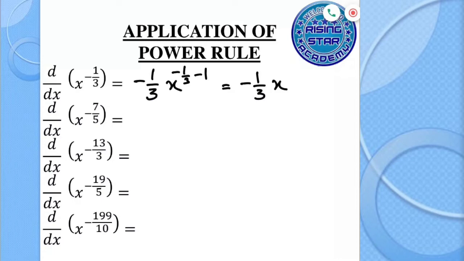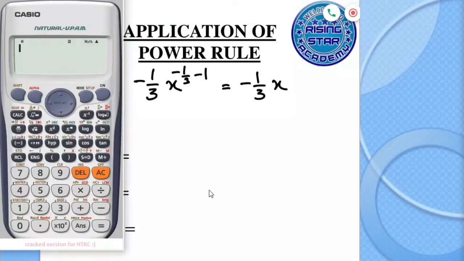I would take the LCM by using the calculator. So here we would write minus 1 over 3 minus 1, and my answer is minus 4 by 3.